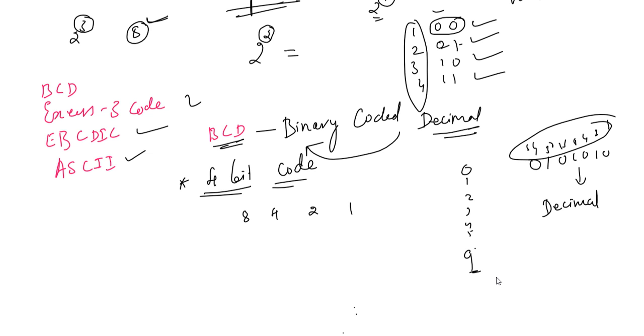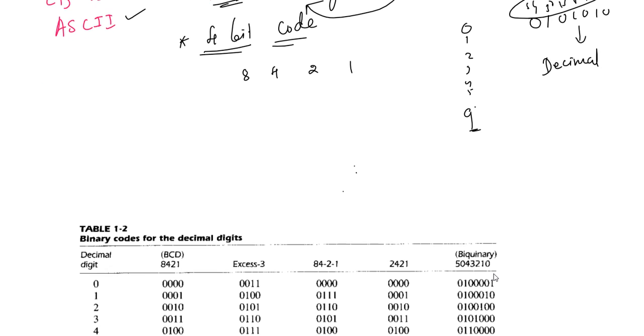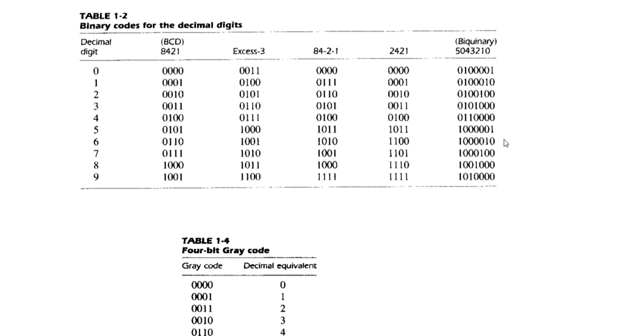There is a table you can observe here, which explains all the different codes. This is the decimal digit, and this is the number represented in the form of BCD. I told you that BCD is binary coded decimal.